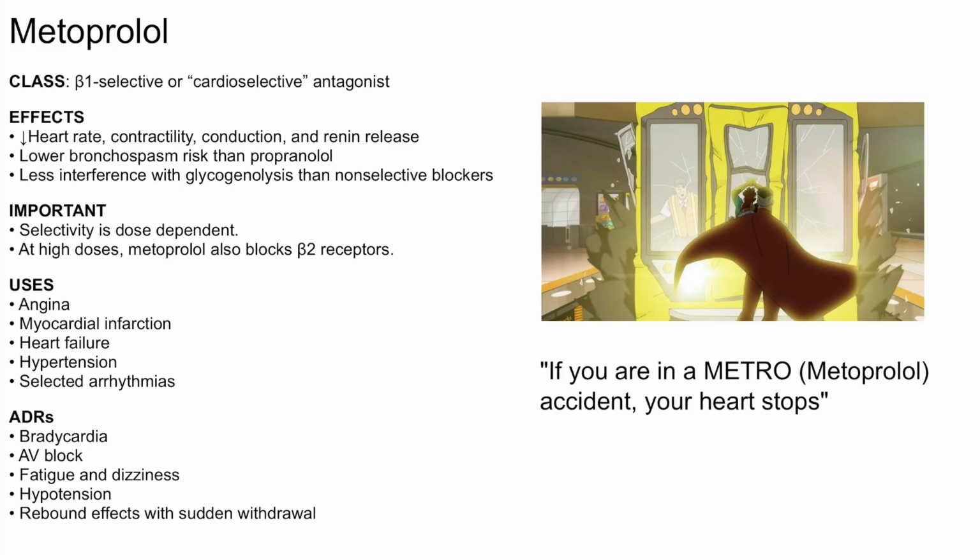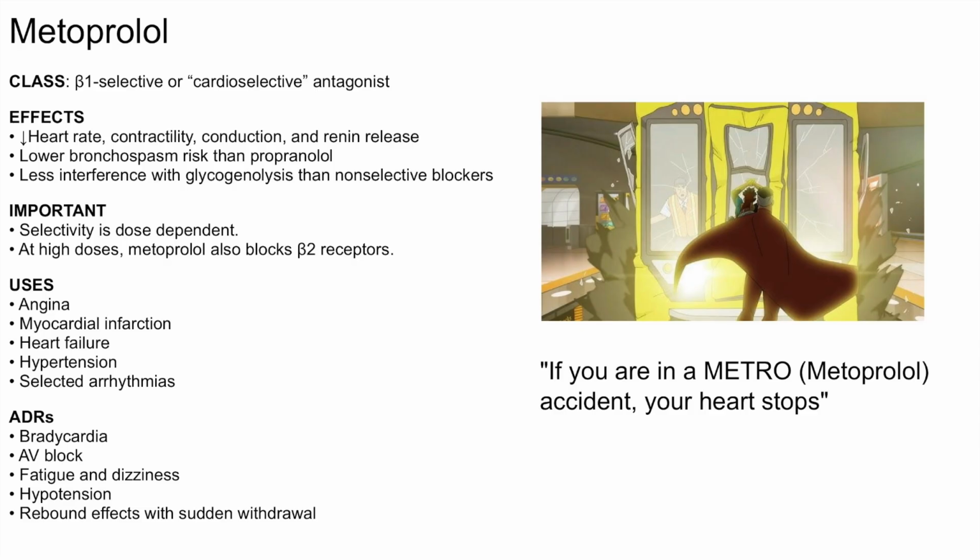So with that horrible, morbid example, you can remember that if you're in a metro accident, metoprolol, right? It's like metro. If you look at it, it kind of looks like metro. If you're in a metro accident, your heart will stop. So there you go. And that's how you remember that it's a beta-1 selective antagonist, cardioselective.